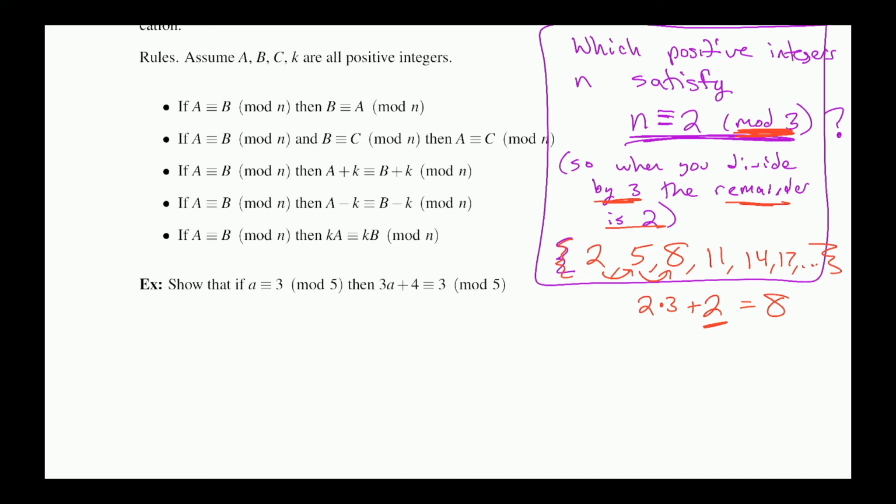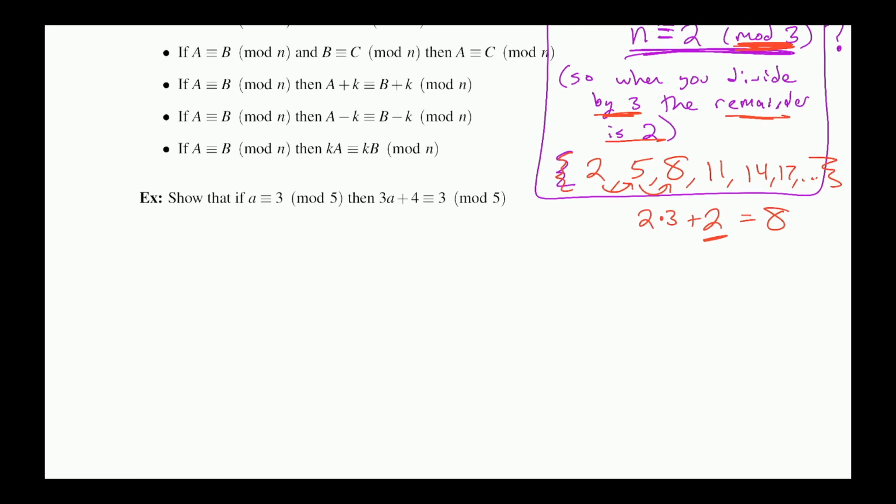Okay. Now let's ignore what I just did for a minute, because the next example is not that. I don't know why I wrote this down here. Let's take a look at it. I said if a is congruent to 3 mod 5, then 3a plus 4 is congruent to 3 mod 5.